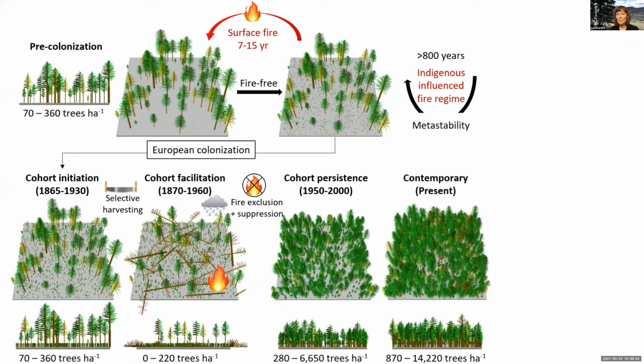And when we look at the contemporary forests, in contrast to those open forests of the pre-colonization era, today's forests have 870 to 14,000 trees per hectare across these 20 sites. The understory trees are very, very high density, but small, less than 10 centimeters in diameter, but 100 years old.